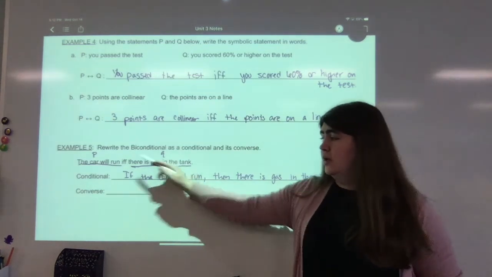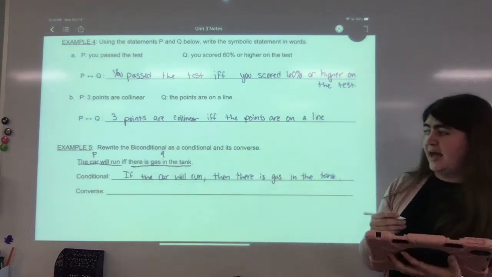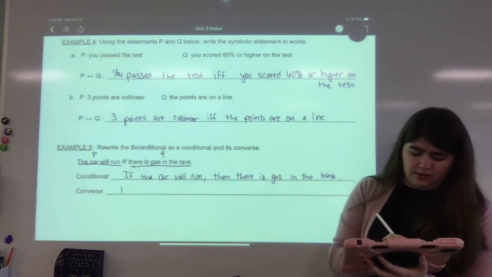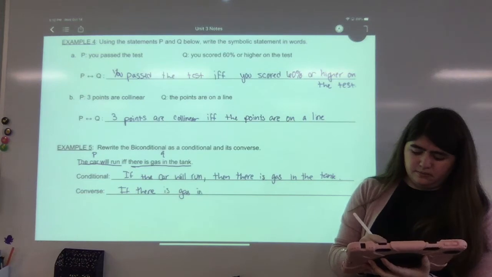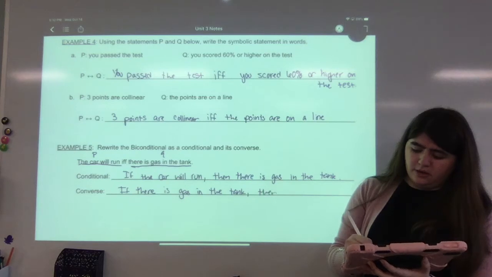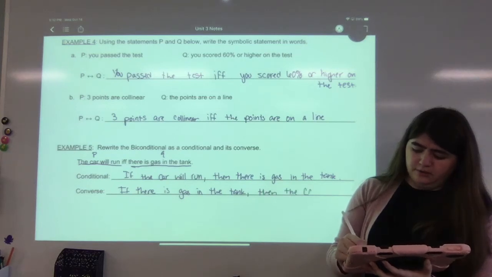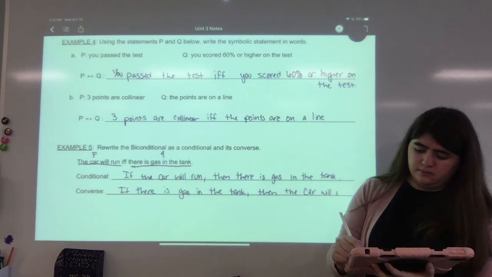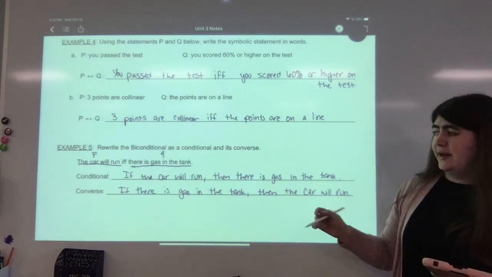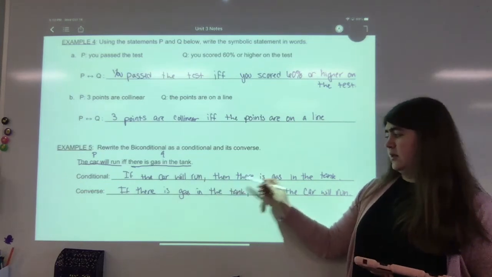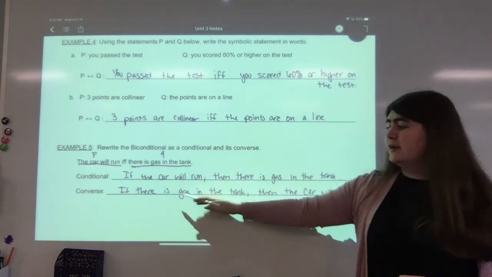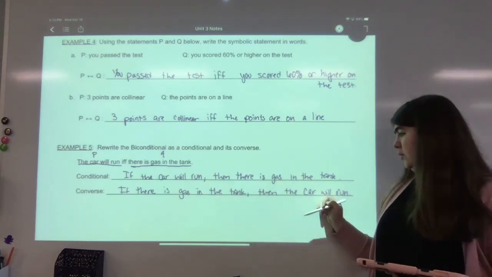So I have if Q, then P. So if there is gas in the tank, then the car will run. All right, so we have a conditional and a converse. If the car will run, then there is gas in the tank. The converse, if there is gas in the tank, then the car will run.